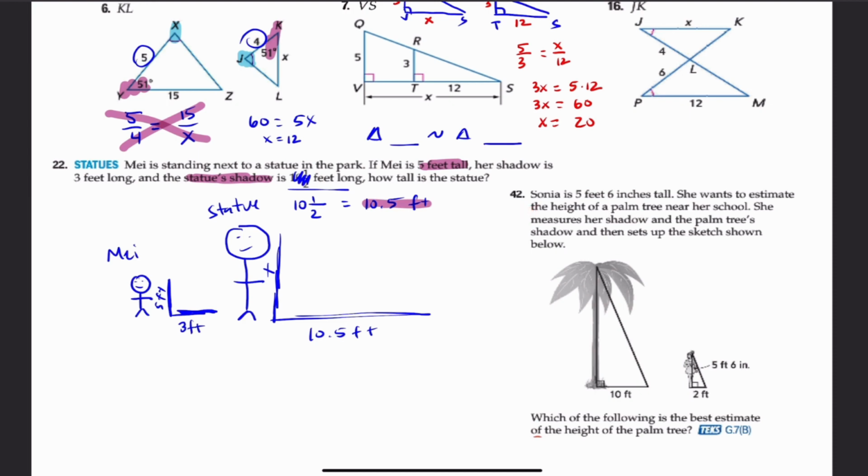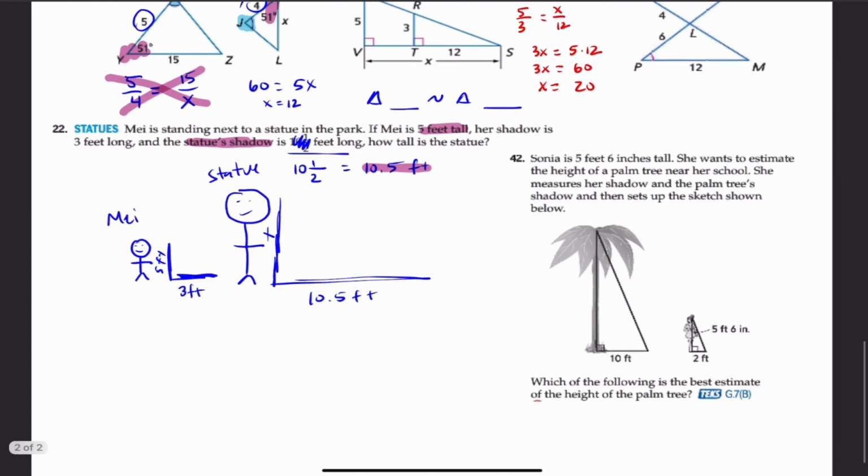And then we have this person and this palm tree. Sonia is 5 feet 6 inches tall. She wants to estimate the height of the palm tree near her school. She measures her shadow and the palm tree's shadow, and then sets up the sketch shown below. Which of the following is the best estimate of the height of the palm tree?